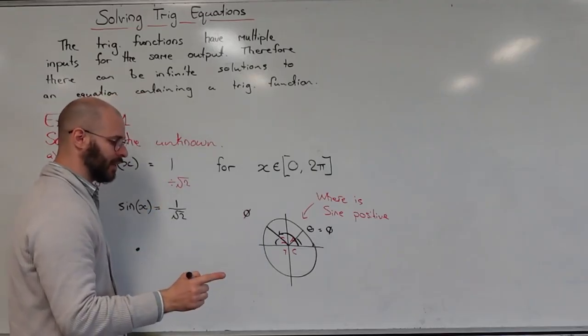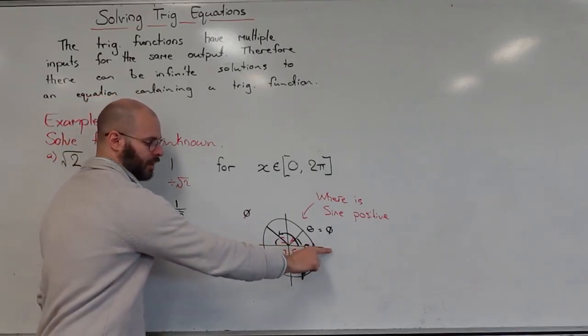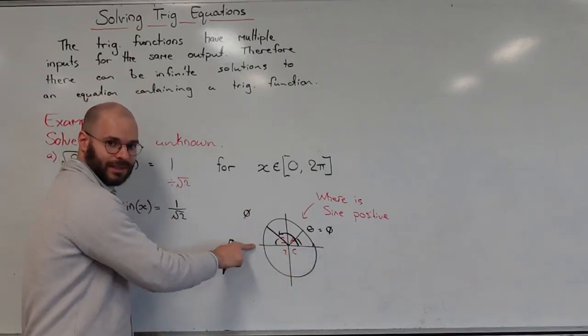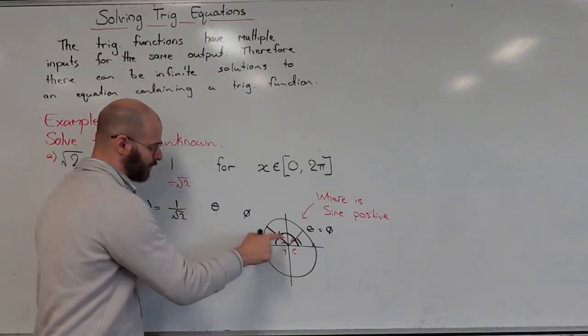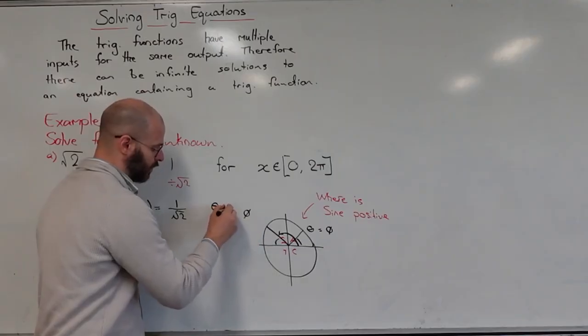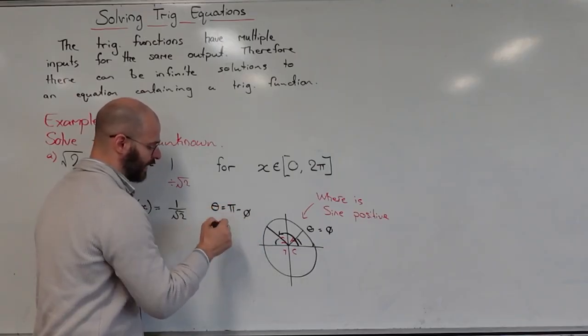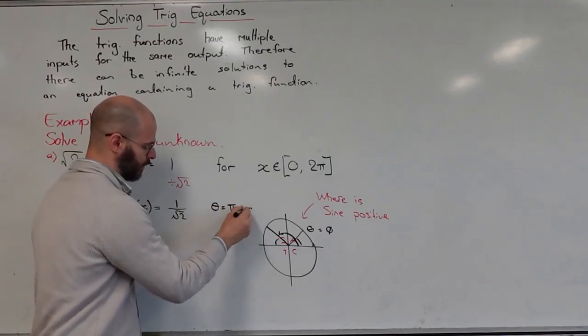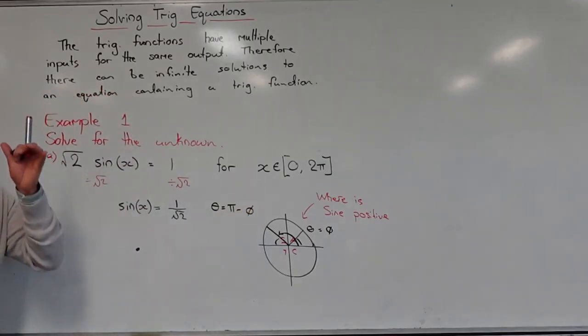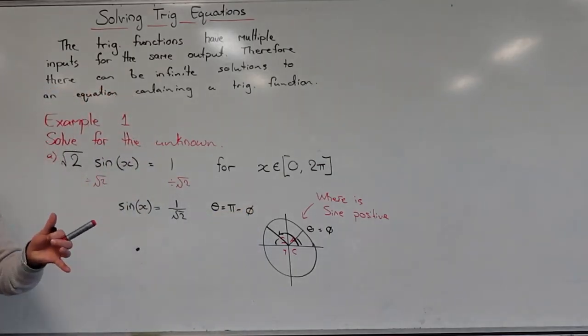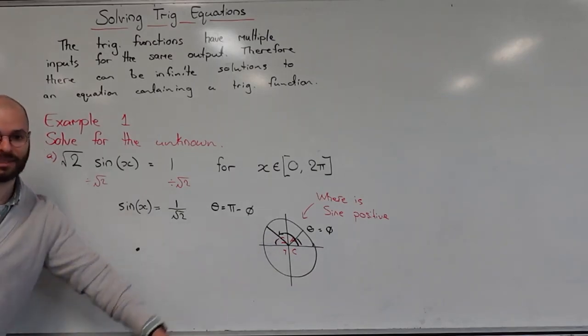Now if we think about it, from 0 to pi, how many degrees is that? Or how many radians is that? Pi. So if I wanted to know what my theta is over here, I'm going to go pi take away phi. Does that make sense? So I'm getting pi, and I'm taking that interior angle away to find what the exterior is.